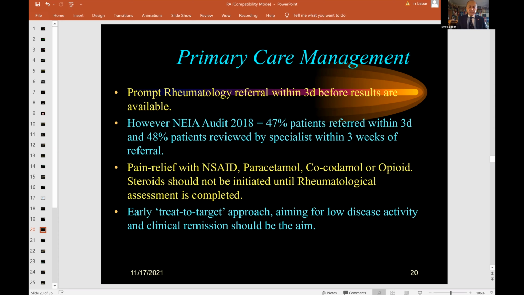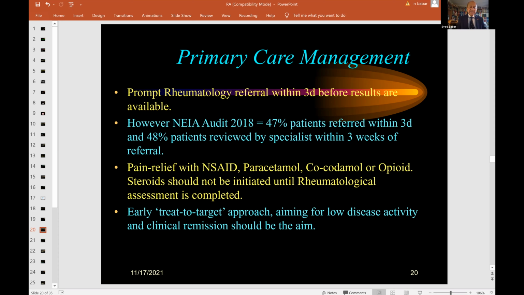One would offer pain relief with non-steroidal anti-inflammatory drugs, such as ibuprofen, naproxen, Voltarol, paracetamol, cocodamol, which is a combination of codeine and paracetamol, or opioid medications such as tramadol, dihydrocodeine, or even morphine sulfate orally.